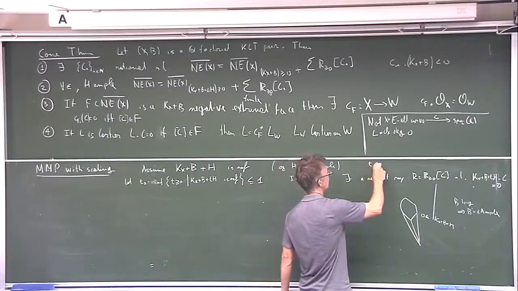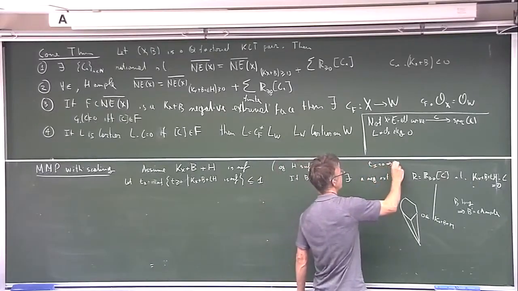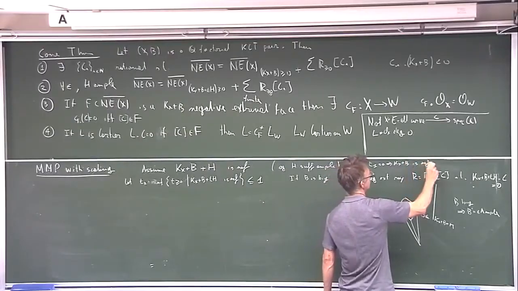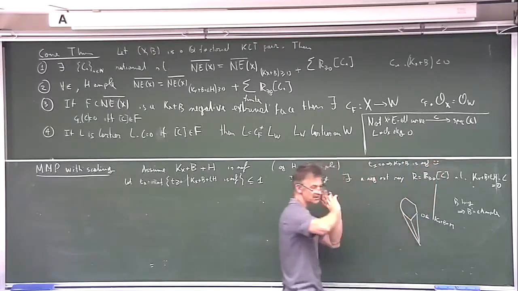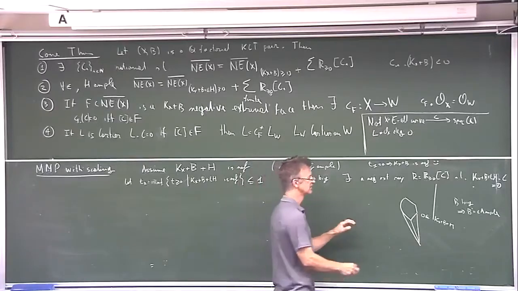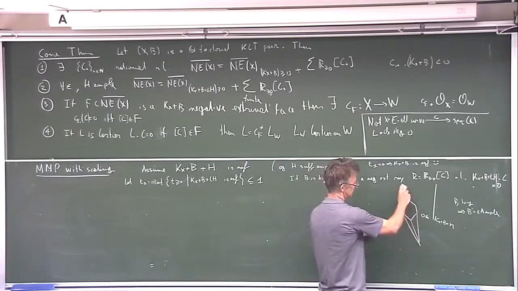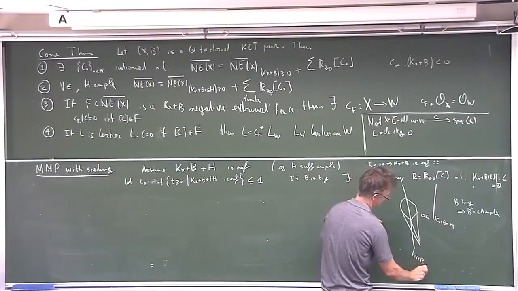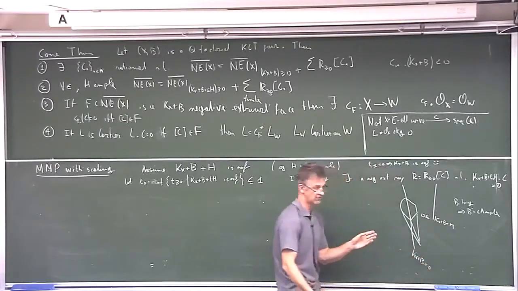If t1 is equal to 0, then kx plus b is nef, and we're done. Okay, but barring trivial cases, so now assume that this is kx plus b intersect c equals 0.